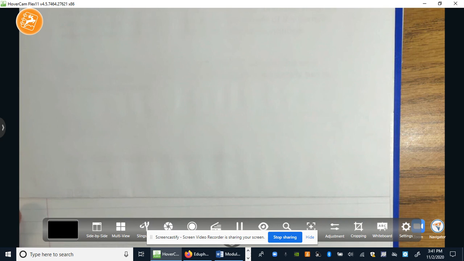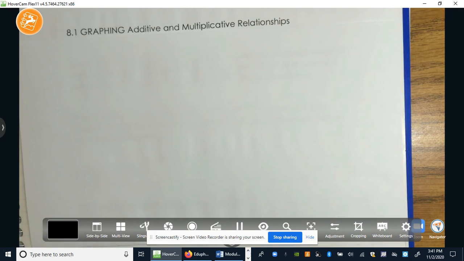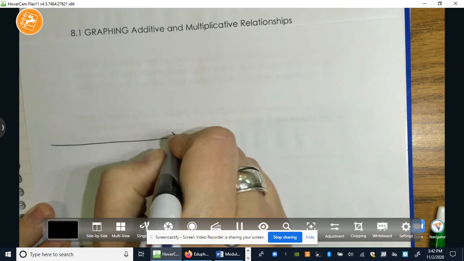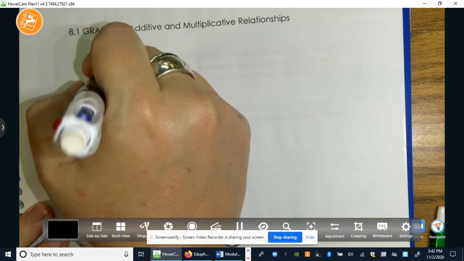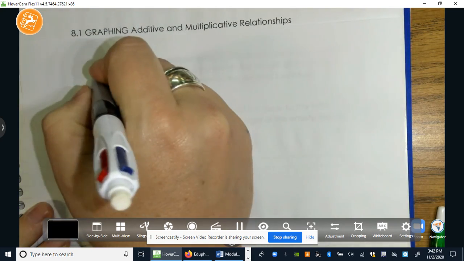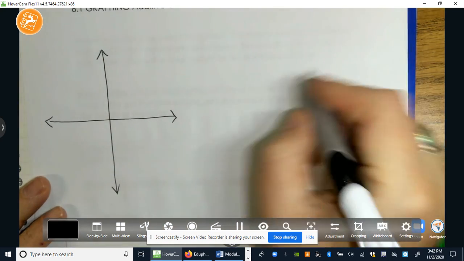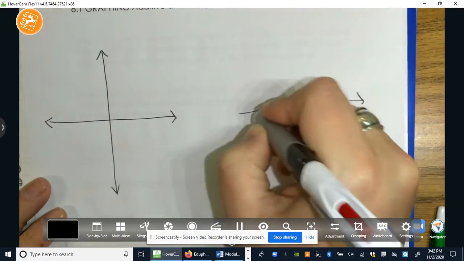So before we do our next part, the question, I want to show you with a graph. So I'm going to draw 2 coordinate planes, which are easy. Draw a horizontal line and a vertical line. Bam, made a blank coordinate plane. Do that over here.